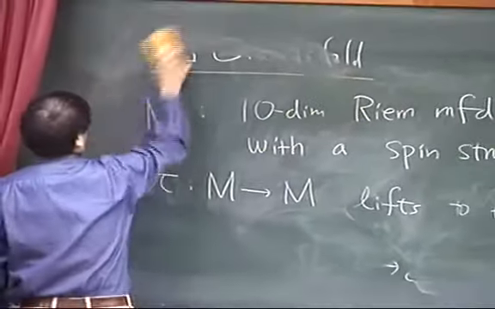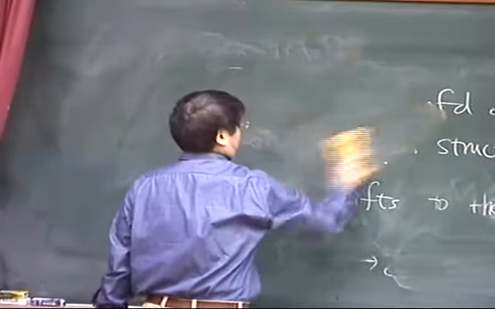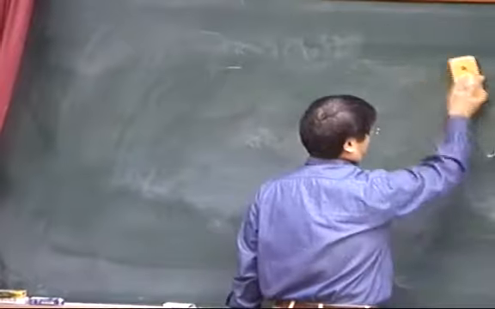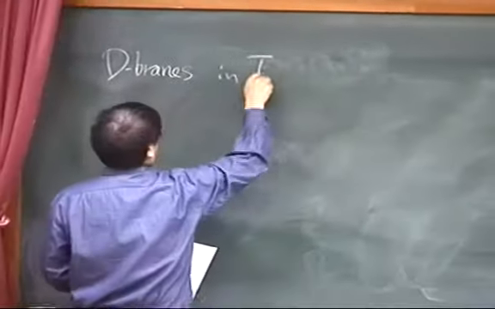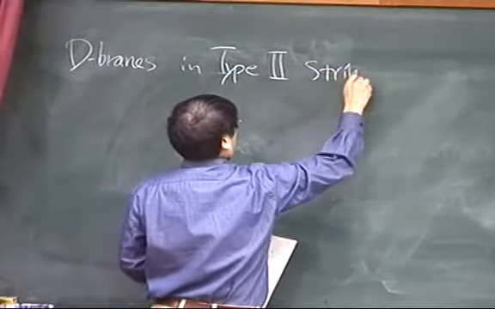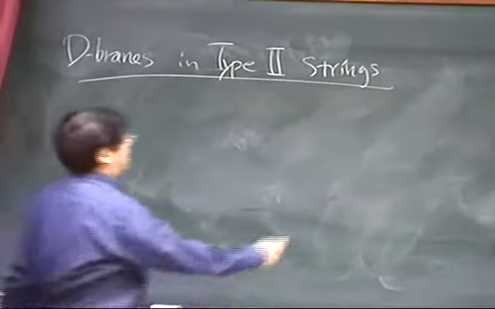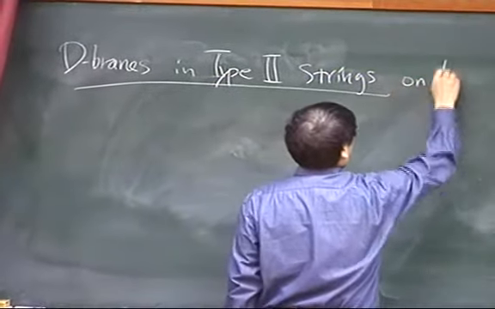So let me briefly describe the data to specify D-branes before orientifold folding, first of all. So D-branes in type 2 string theory, on 10-dimensional space-time M.